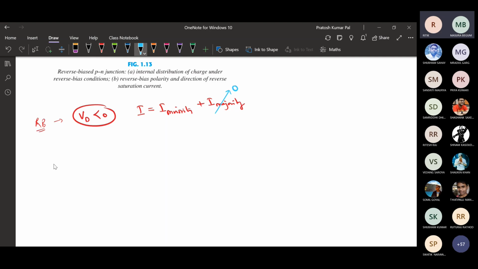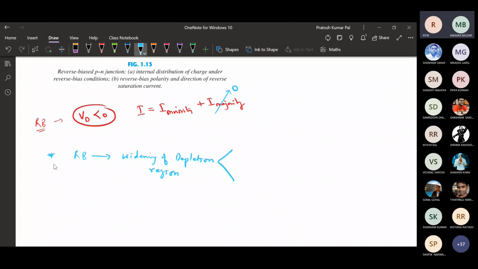So the current will be because of the minority charge carriers only. Here some points we can see. As we apply and increase the reverse bias, widening of the depletion region will take place.